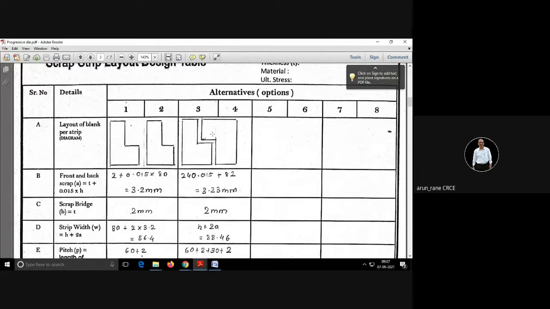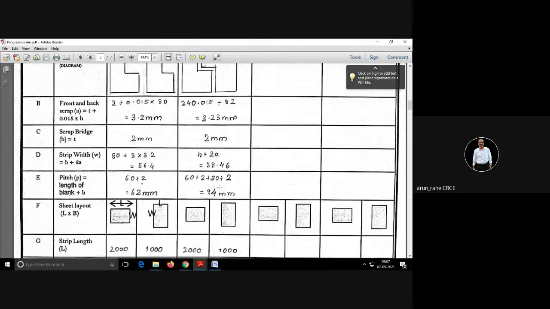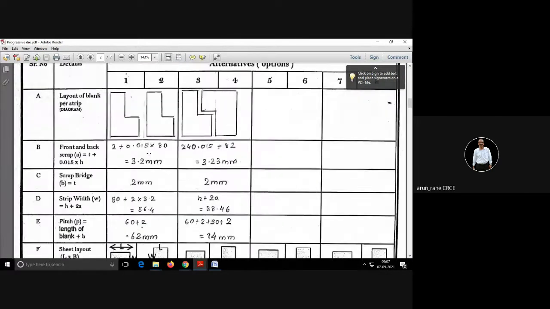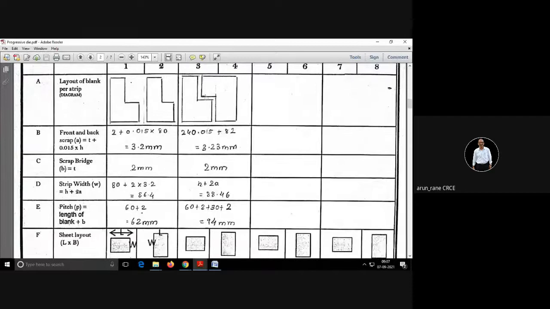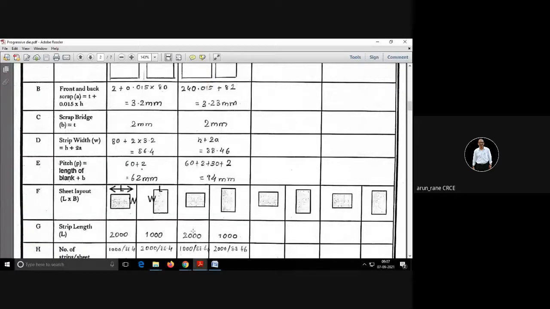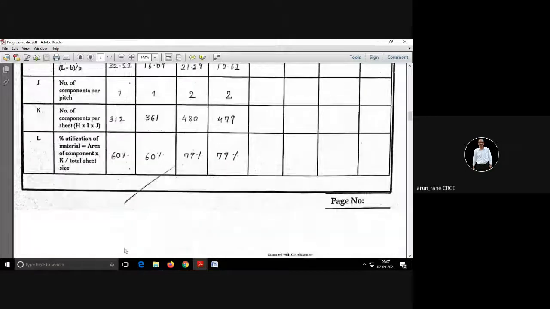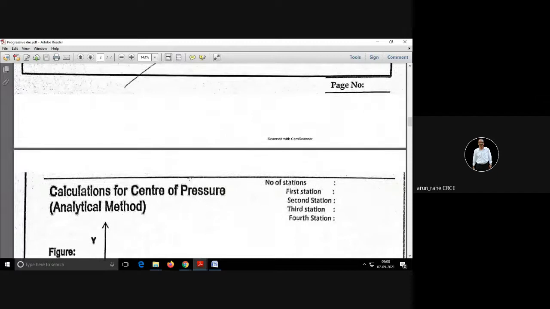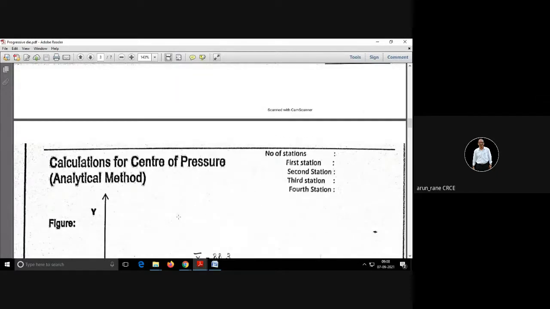This is one option, then this is another option. So there are four options. For this particular component and this particular configuration, we can also rotate the strip. We have to find out what will be the total number of components and what will be the utilization, and based on that you consider the layout and then only proceed for the die design.